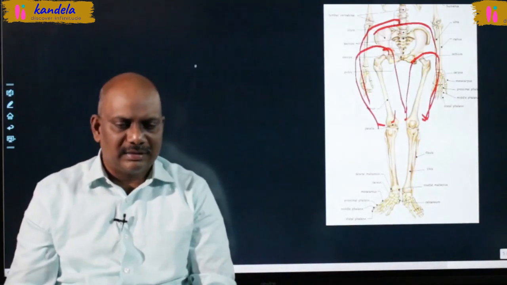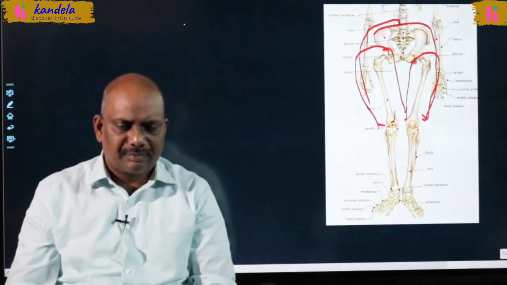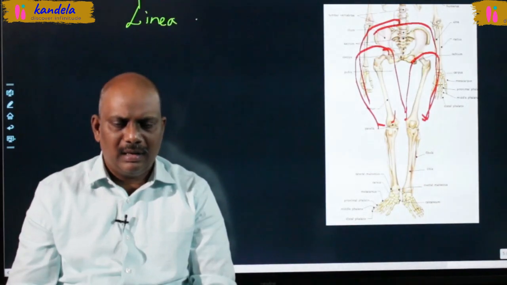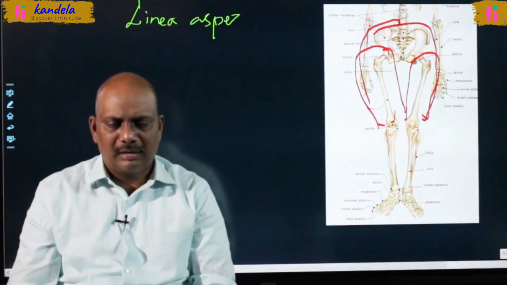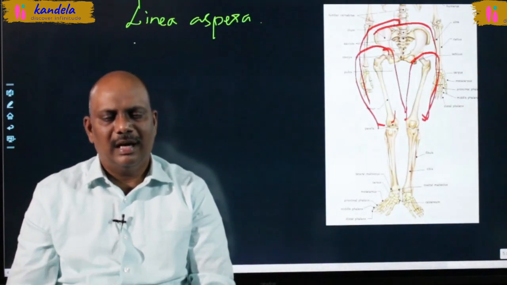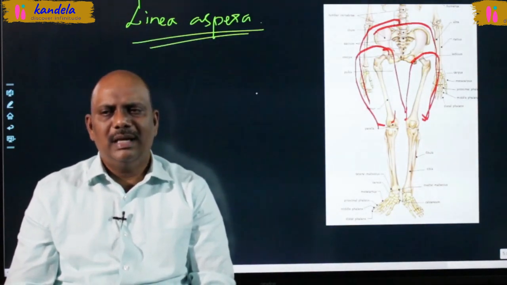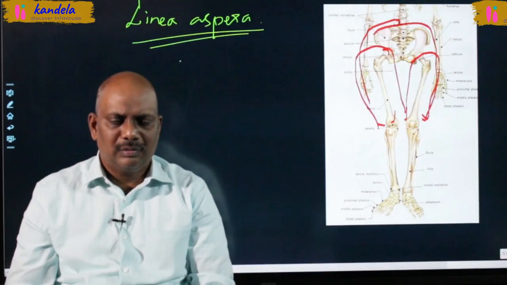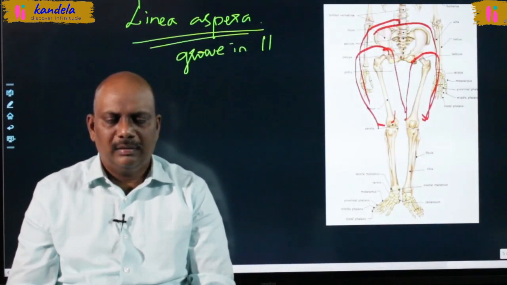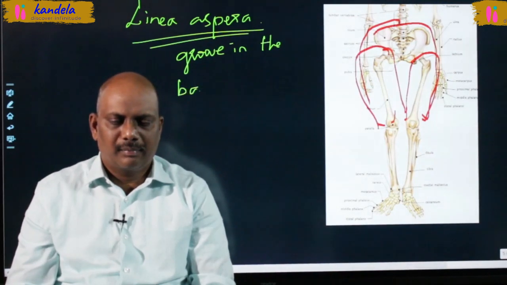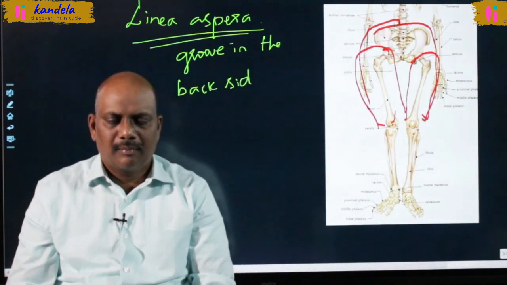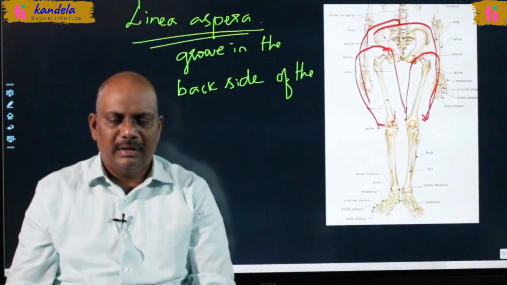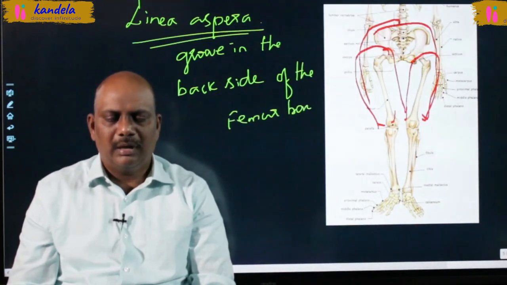We call it linea aspera. This linea aspera refers to a groove in the backside of the femur bone, femur or femoris.